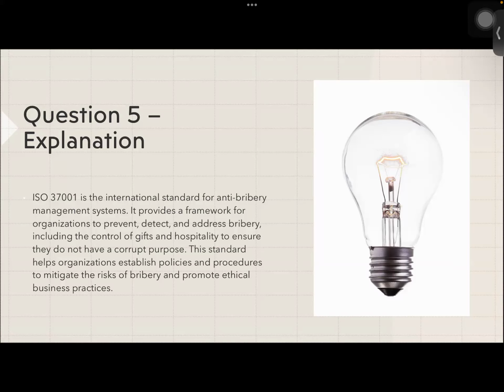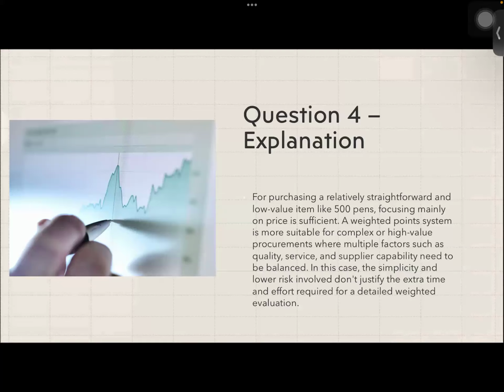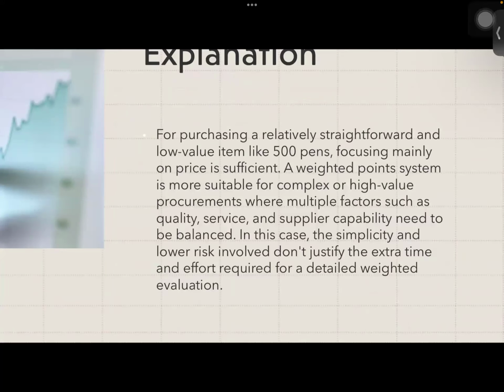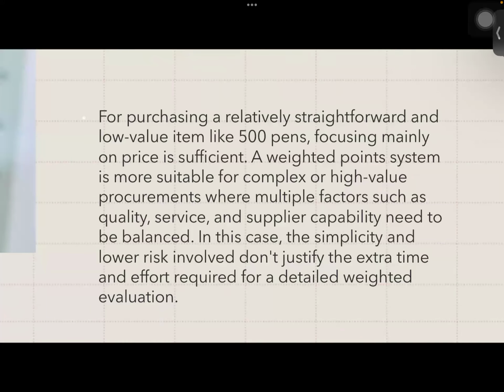Okay, now I will return to the explanation of Q4 at the request of Pamela. Of course, I wrote something about whether the point system is more suitable for complex or high-value procurement.